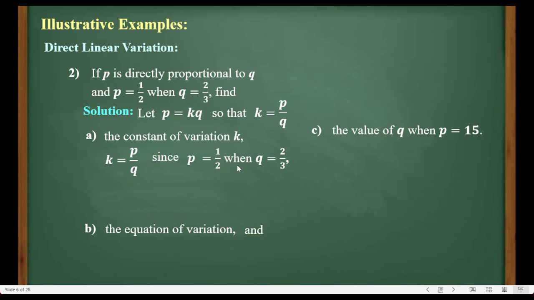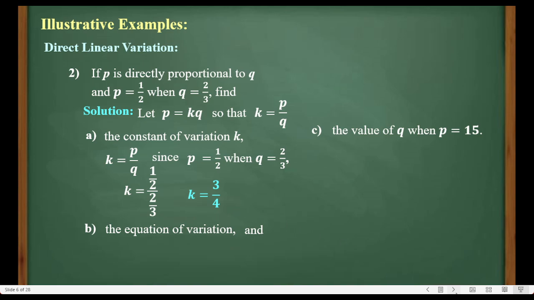So you plug in these two values to this equation and simplify the right side in order to determine the value of K. K is equal to 1/2 divided by 2/3. Recall how to simplify or divide a fraction by another fraction and you will get the value of K, which is 3/4.